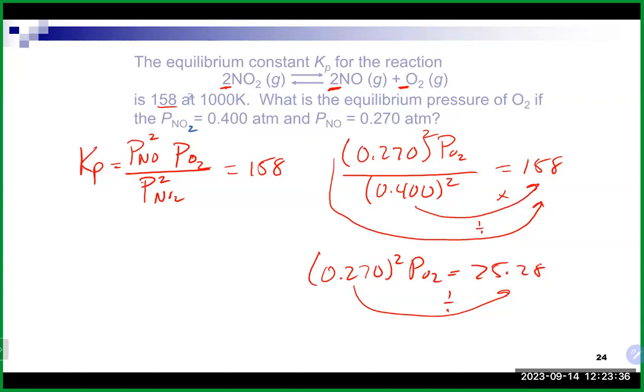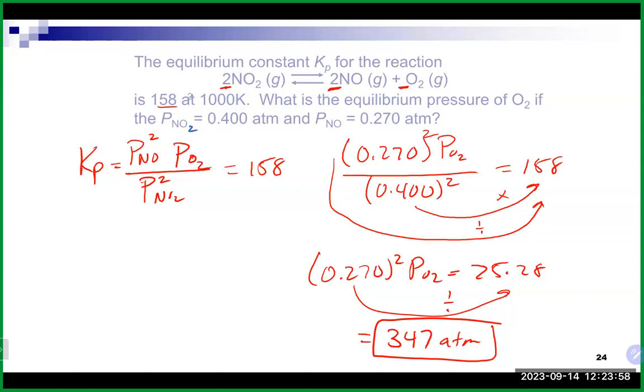So divided by 0.270 squared. That's going to give me 347, we'll call it. Do I need a unit on this one? I do, because it's a pressure, right? So the unit should be the same as everybody else. So this is going to be 347 atmospheres.